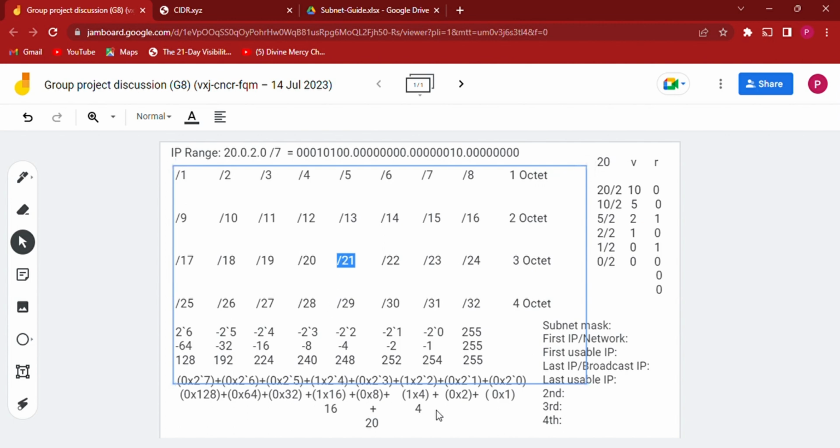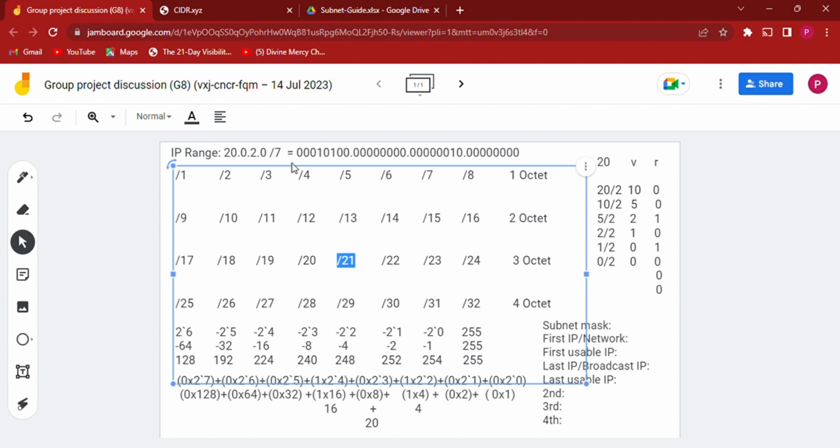The same way, if it's, let's say, /21, it means you are going to get 255, because all these are part of the network. So all these are gone: 255 dot 255. Then when you get to the third octet, where the 21 is, you replace it with the number we have, which is 248.